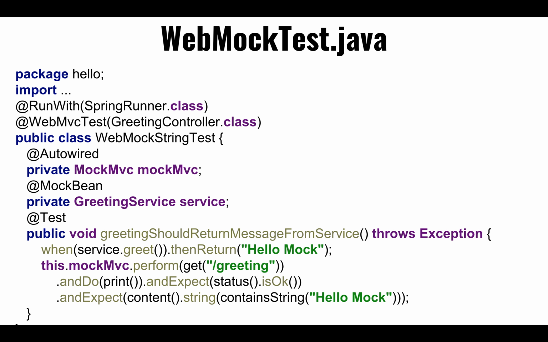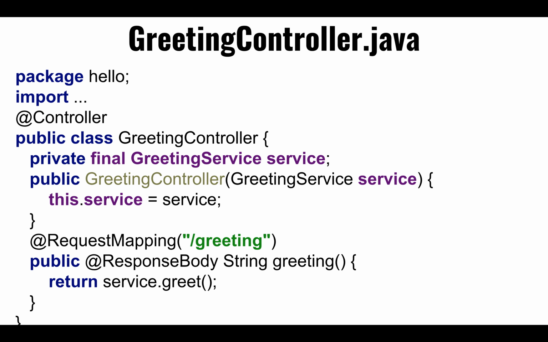Where's our controller here? There's our perform. We're going to say /greeting. That /greeting is going to do what? It would use what? service.greet. See that? We want to break that dependency.